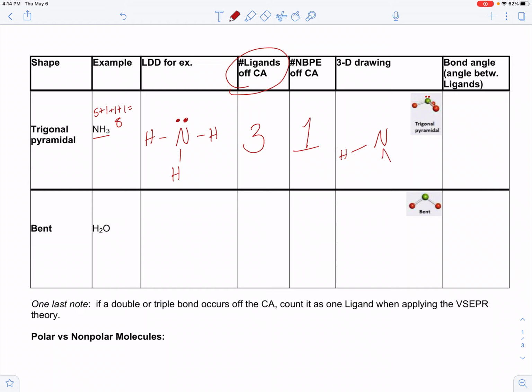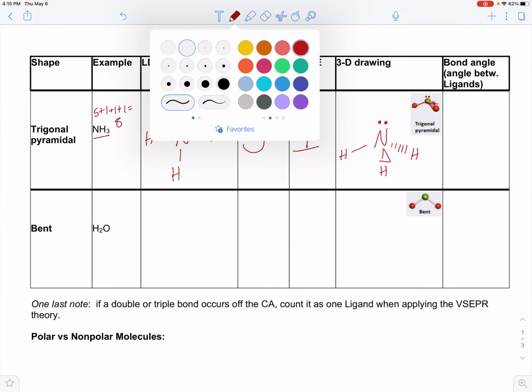One of them is going to look like it's coming out towards you in a little sort of tripod. And then one of them is going to look like it's moving away from you. And then, of course, I want to draw my non-bonding pair of electrons. So that is what the 3D drawing, the VSEPR drawing for NH3 would be. Now, in our tetrahedral, these were 109 degrees apart.